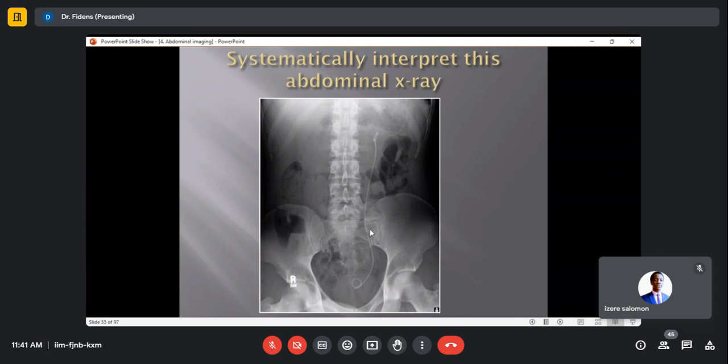Maybe there was a small rotation making it not look like it should. That's how we interpret things. And we apply that even for chest radiography. Remember, before you say there is a problem, check very well if there is any cause.